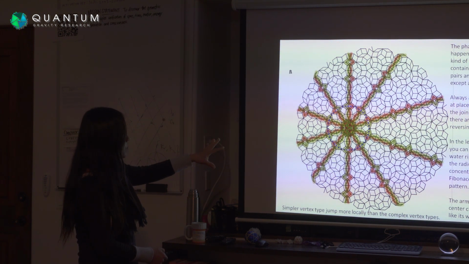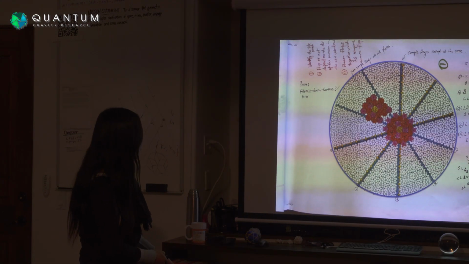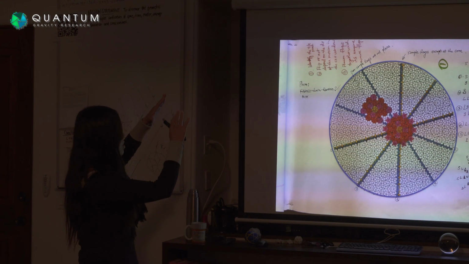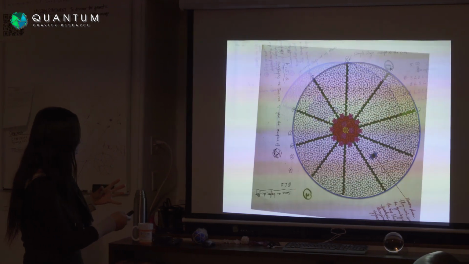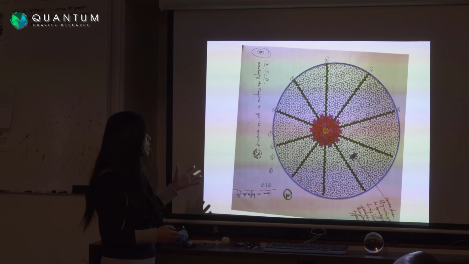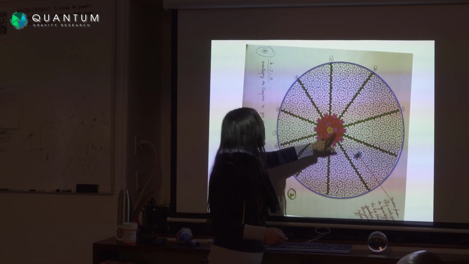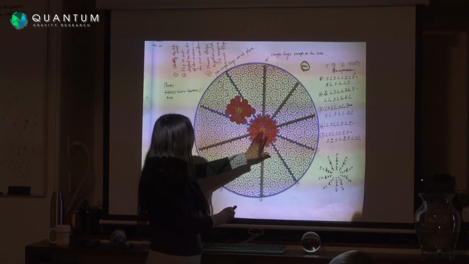Because of this mirror symmetry, it seems to have a ripple there. Because of this mirror symmetry, I actually did some work by hand, and I wanted to see what exactly is happening between these two. You drew that? No, I didn't draw that. I drew all these. So it's basically before and after the flip.